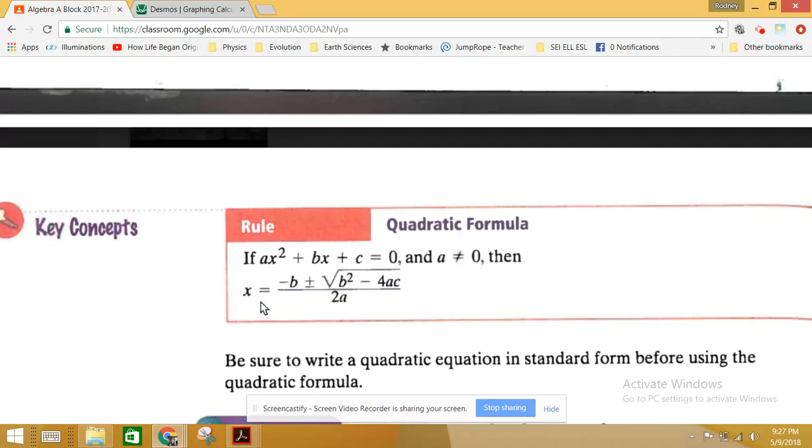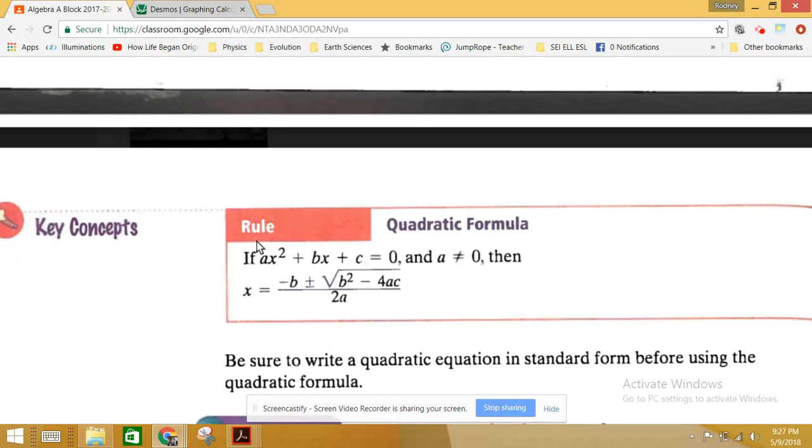And we put it all together into this handy little formula: negative b plus or minus the square root of b squared minus 4 times a times c, all over 2 times a. Each one of these letters comes from the quadratic being organized in this standard form.